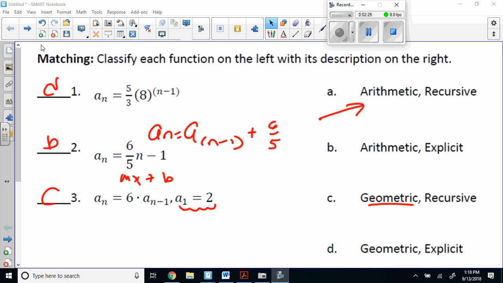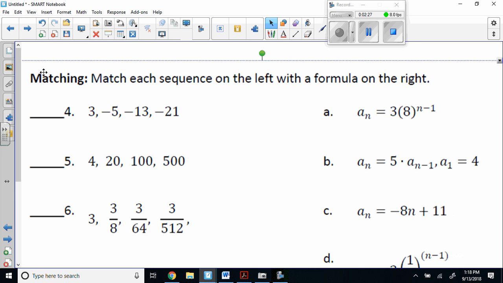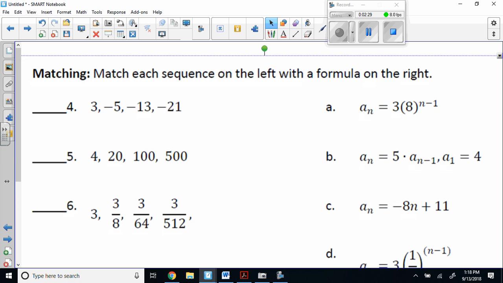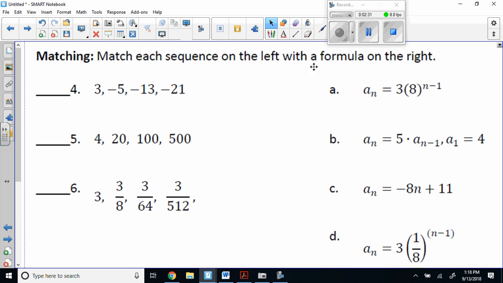Okay, next. Here we go. Match each sequence on the left with the formula on the right. First thing I'm going to check is from 3 to negative 5 is negative 8. And that's another negative 8, and that's another negative 8. First off, this is arithmetic, right?